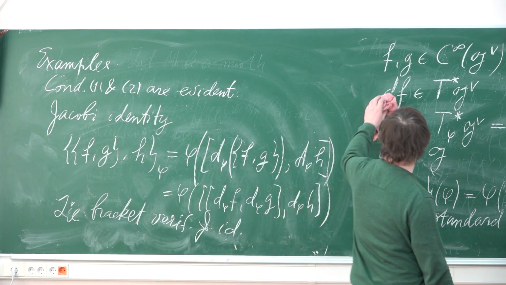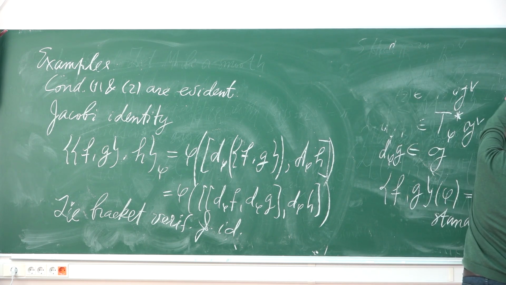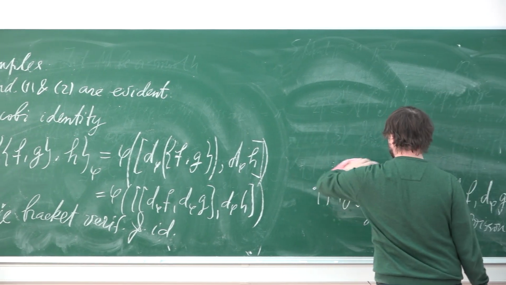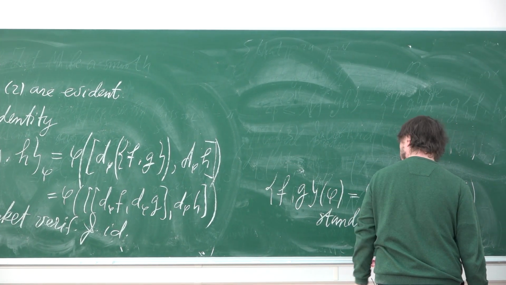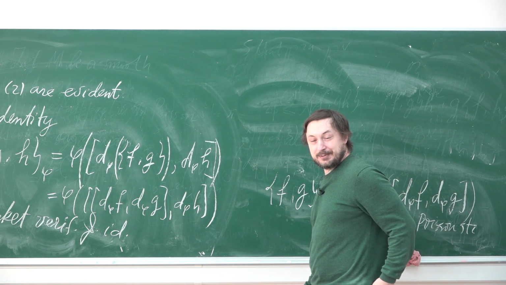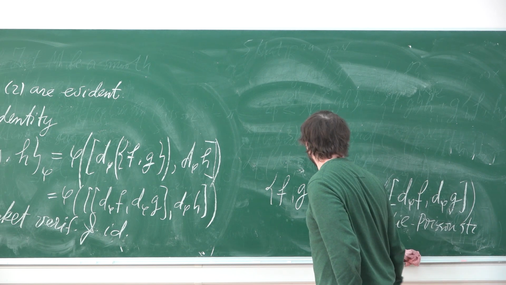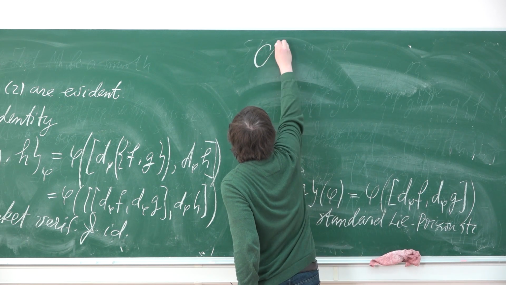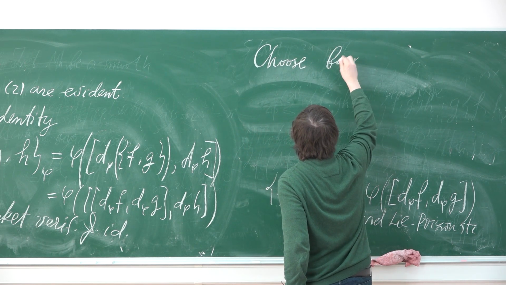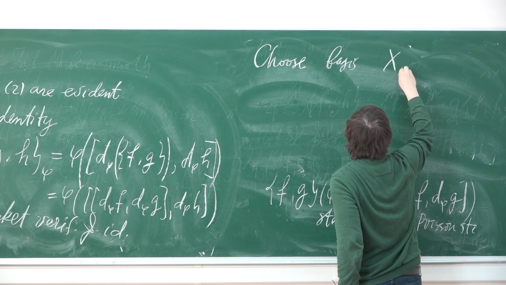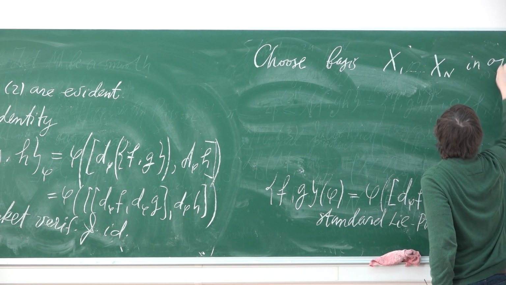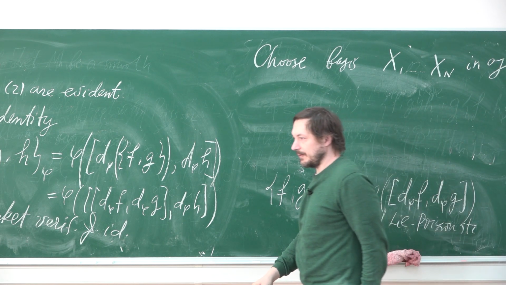That's not very hard. But I think it is probably interesting to look into the coordinate way of reasoning, because physicists often prefer coordinates. And it would be nice for you to see the coordinates here. So we choose a basis x1 through xn in G, right?